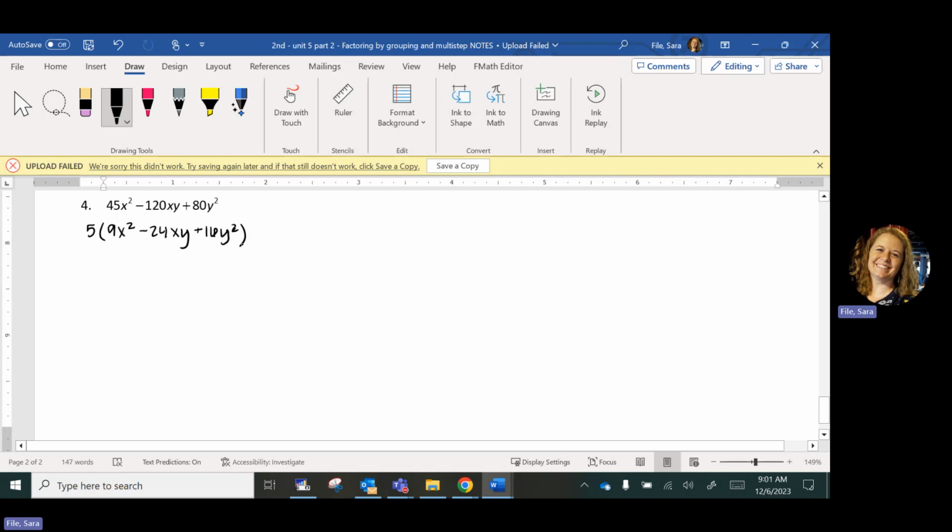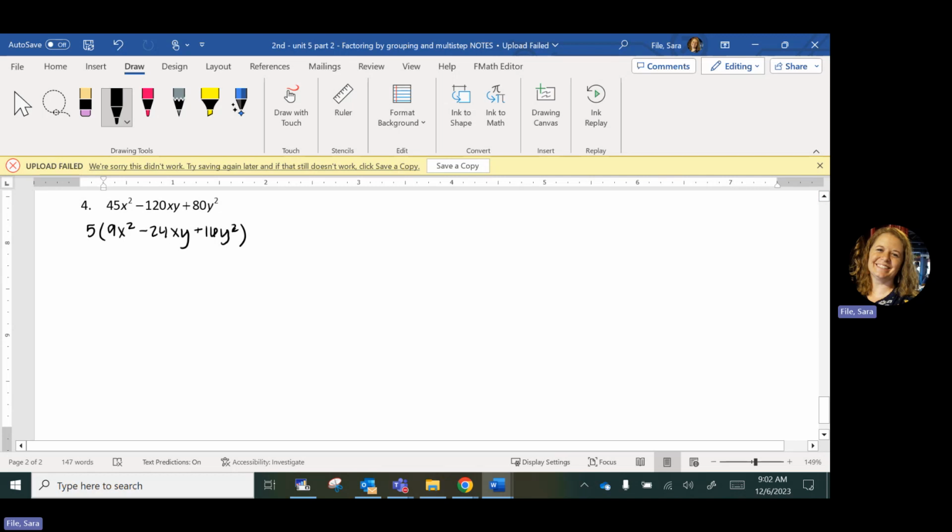So 9, the only thing it can be divided by is 3. 24 can be divided by 3, but 16 can't. So 5 was our GCF. If you took out something too small and everything was still divisible by something, you just then divide it out again. And you would end up with 2 numbers out here you would multiply together. And that would have been your GCF to begin with.